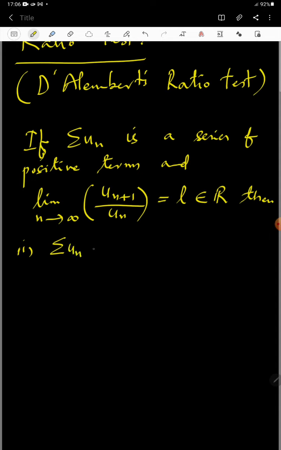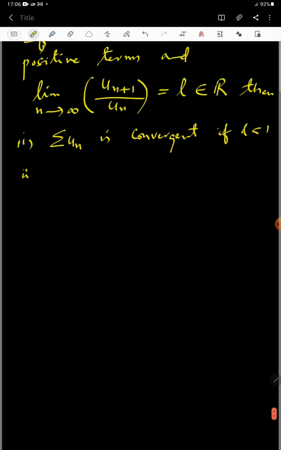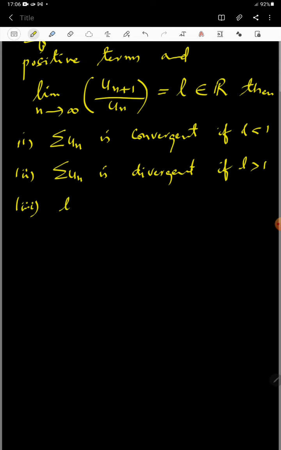We can say that sigma un is convergent if L is less than 1, and we can declare that sigma un is divergent if L is greater than 1, and if L comes as 1, the test fails.